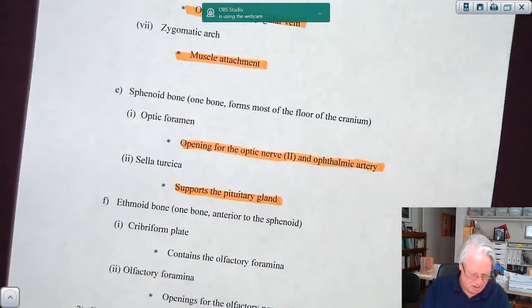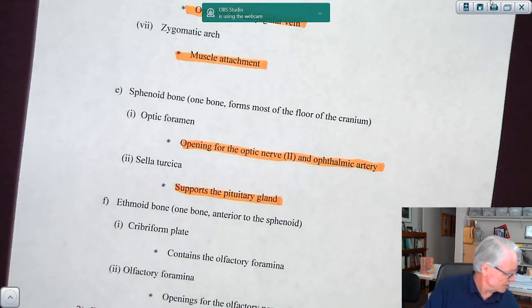Okay. Things are getting confused here, so bear with me. Let's go ahead and find those structures now on a drawing.